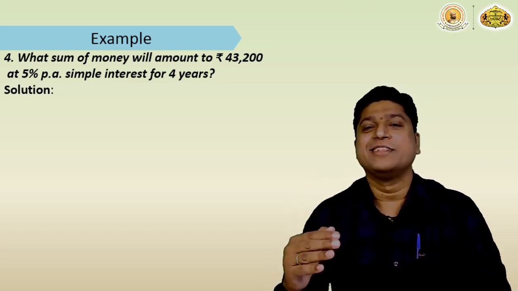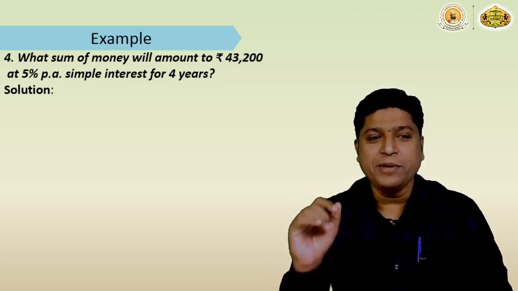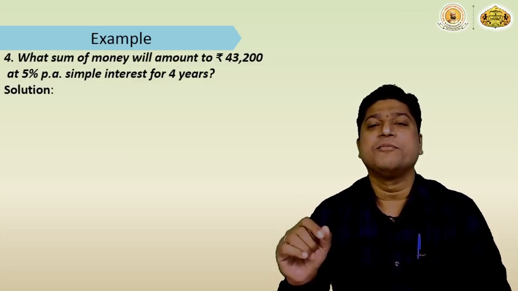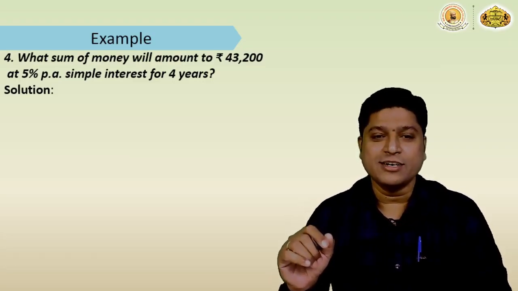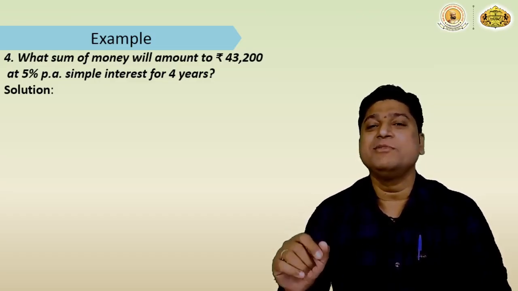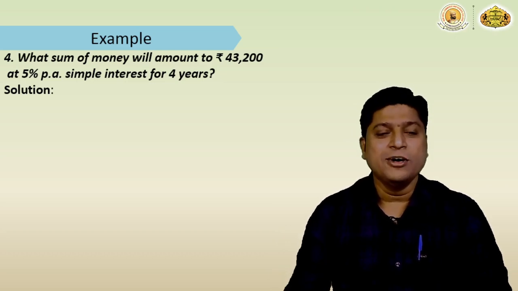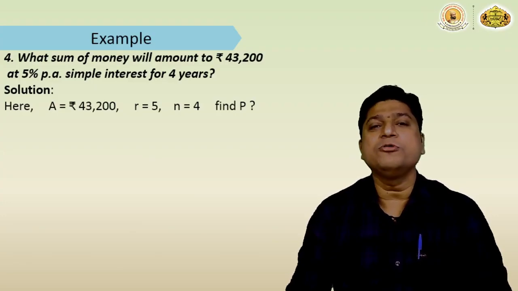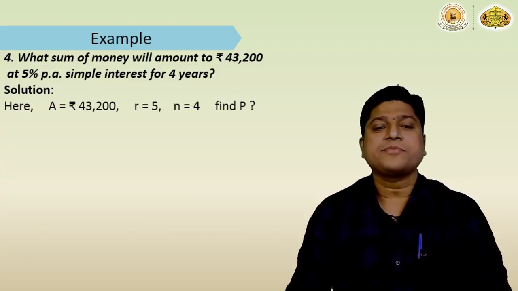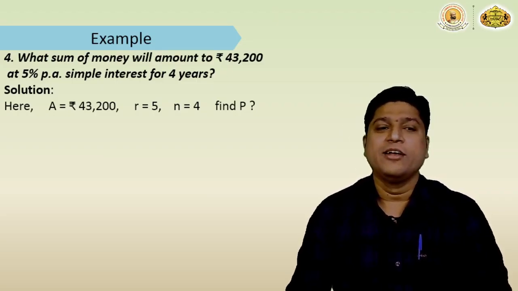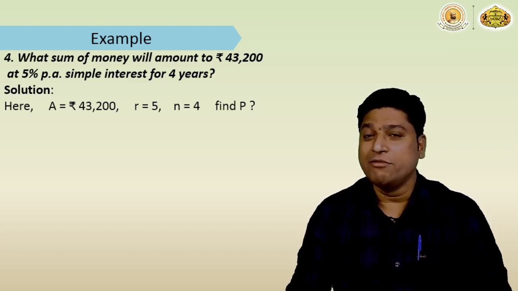What sum? That means they have asked us to find P if the rate of interest is 5% per annum. 5% is nothing but R, and for 4 years, that means they have given us N. So, in order to solve this example, we have A is equal to 43,200, R is equal to 5, N is equal to 4, and we have to find P. Now the question is, which formula will we use?